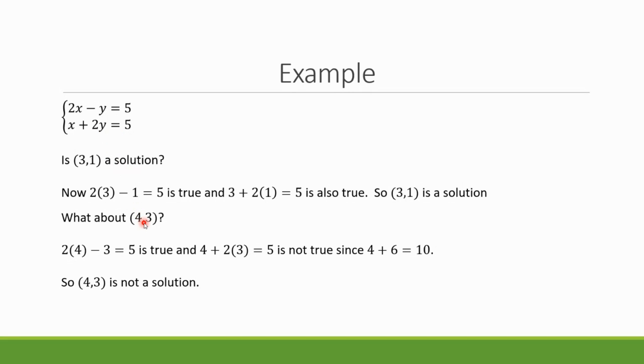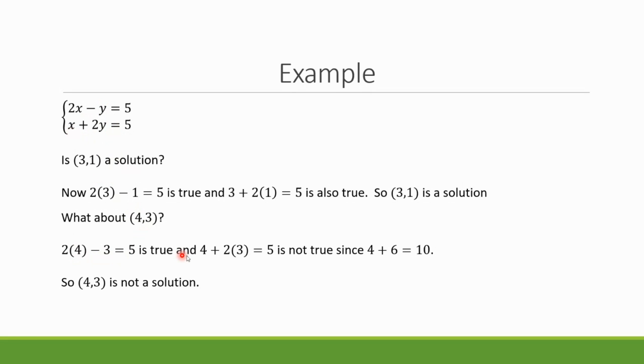Now, what about this ordered pair, (4, 3)? Is this a solution? If you let x be 4 and y be 3, is that going to be true for both equations? In the first equation, we get 2 times 4 minus 3 equals 5. We have 8 minus 3 is 5. Yeah, that's true. So it's a solution to the first equation. What about the second?